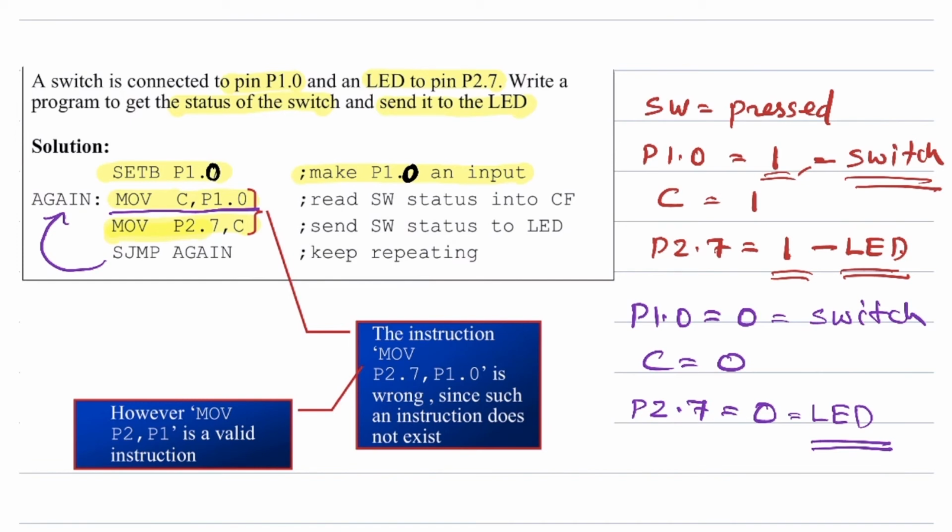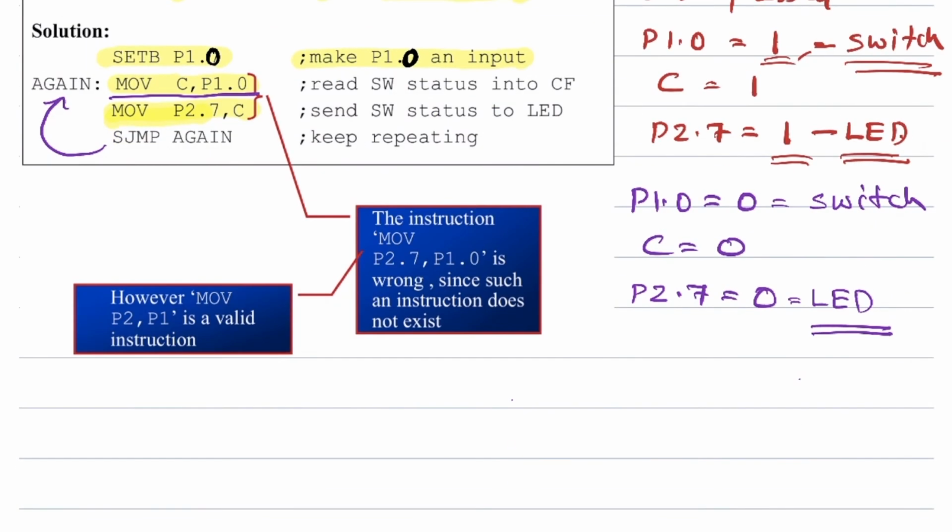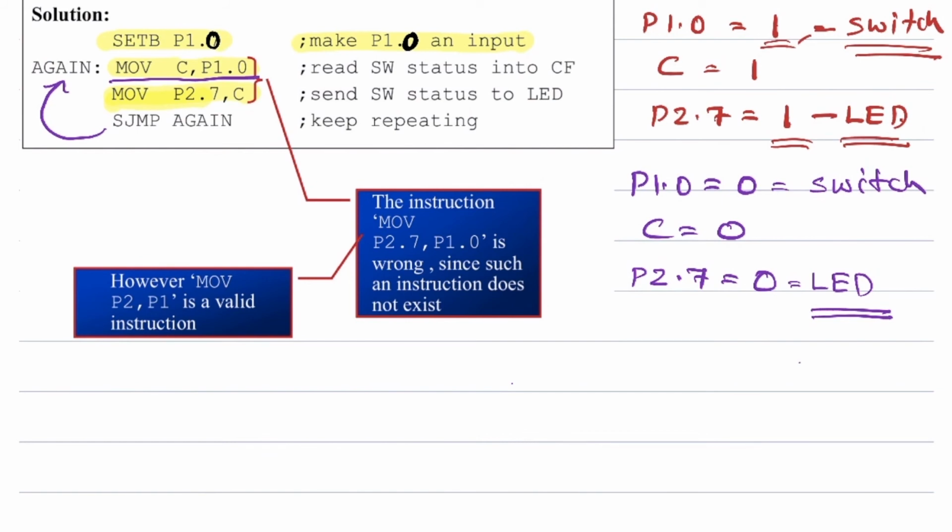Okay, so there are a few things written here. The instruction MOV P2.7, P1.0 is wrong, right? You already know this. That means we cannot write an instruction like MOV P2.0, #00H, because this is a bit and this is a byte. A byte data we cannot move to a bit.